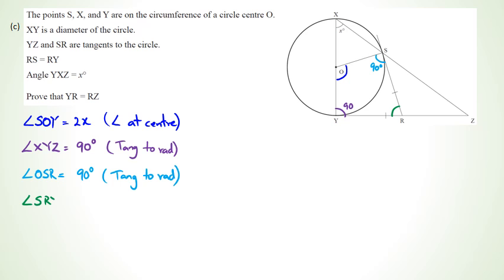So angle SRY is equal to, I could put that as 360 minus 90 minus 90 minus 2x. Okay, which means angle SRY equals 180 minus 2x. So that's this angle here.